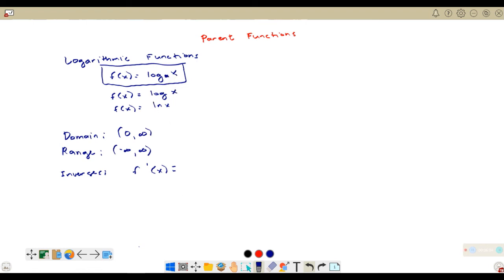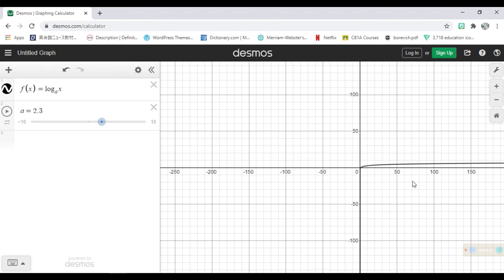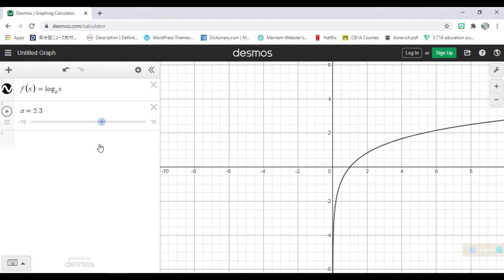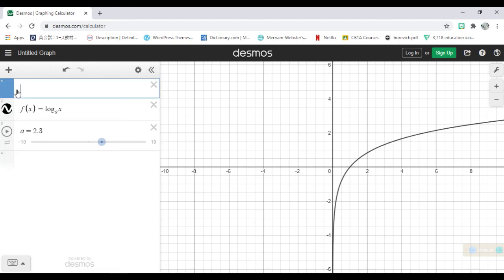So that is the same for the inverse of the logarithmic function. So the inverse of logarithm of x with base a is a raised to x. Now let's try to look at their graph. How can we see if they are really inverses?